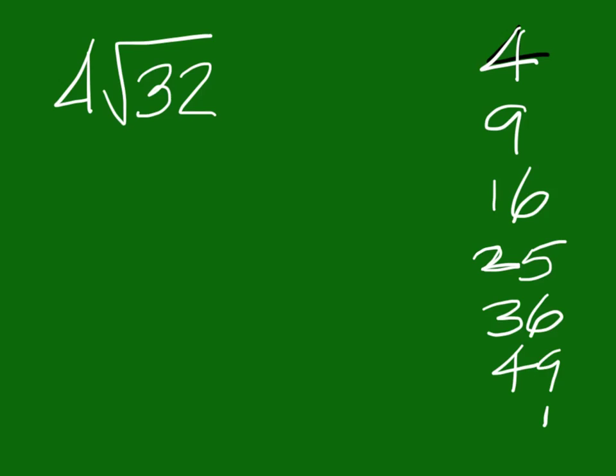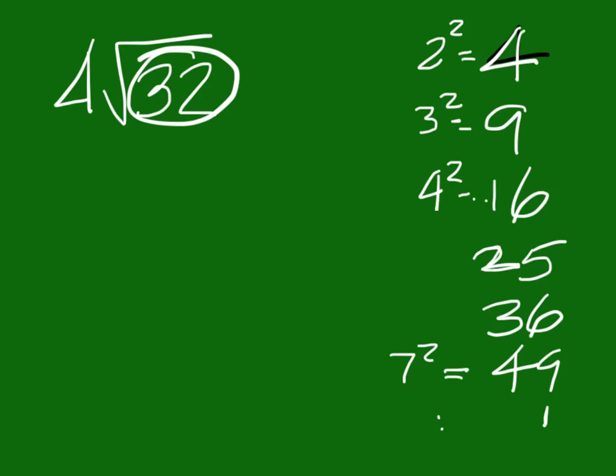Those are all the result of 2 squared, 3 squared, 4 squared, and so on, all the way down to 7 squared and beyond. What you want to do is see if there is a perfect square that will come out of 32. So you think half of 32 is 16.